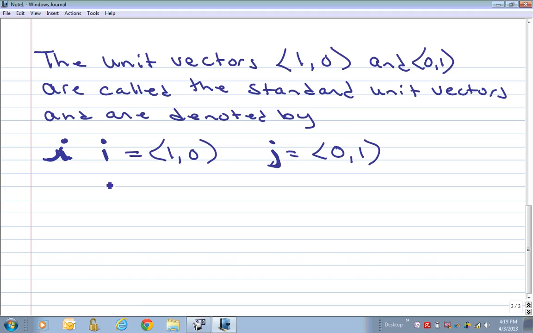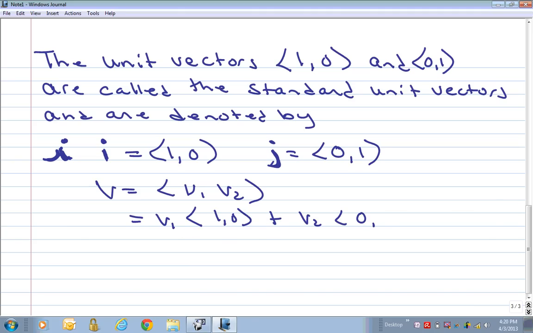For example, a vector v1, v2 in component form could be equivalent to v1 times the unit vector 1, 0, plus v2 times the unit vector 0, 1, which would be written with this notation: v sub 1 i, because remember this is your i, plus v sub 2 j. And these would be bold. All right, and it would look something like that.